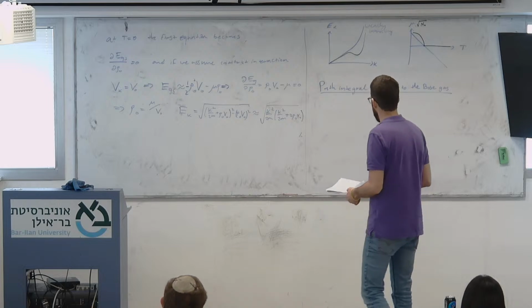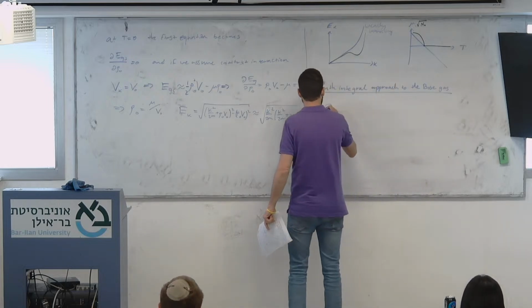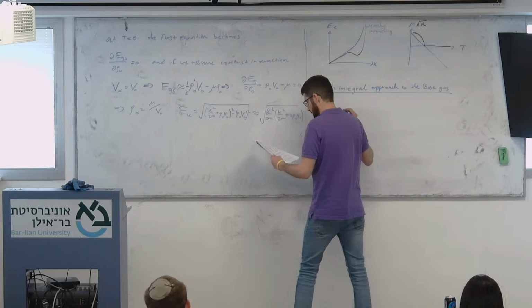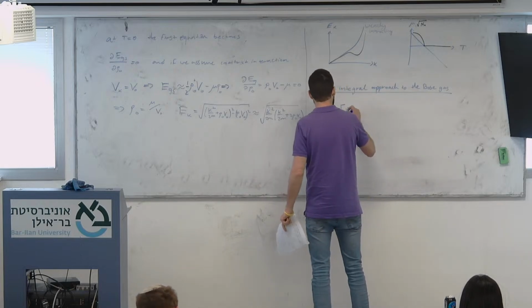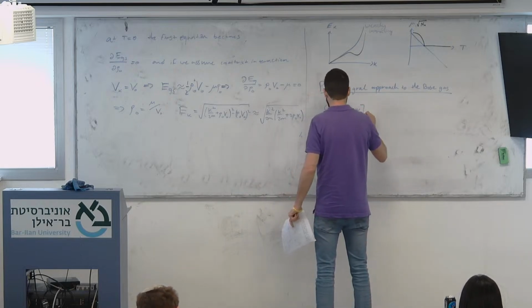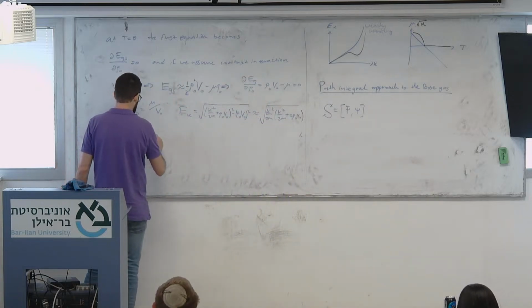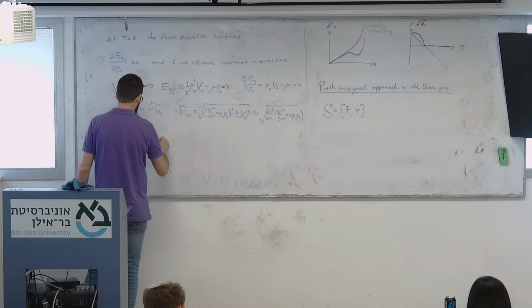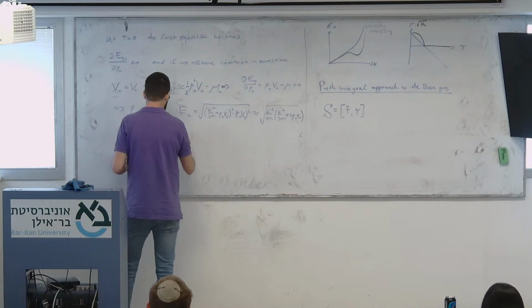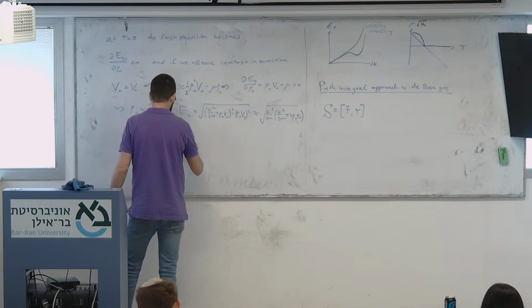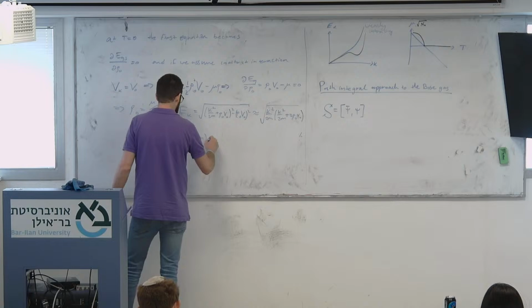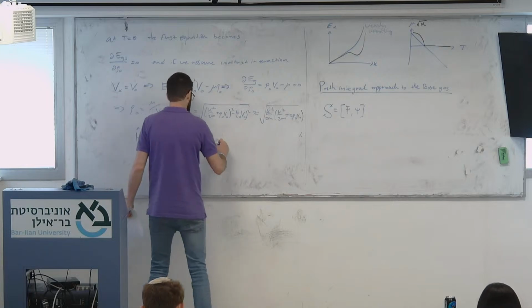So what is the action going to look like? Someone wants to read it out to me. Let me write the Hamiltonian. The Hamiltonian is H of A dagger and A, the operator. It's a sum over k of k squared over 2m minus mu, A dagger k A k.